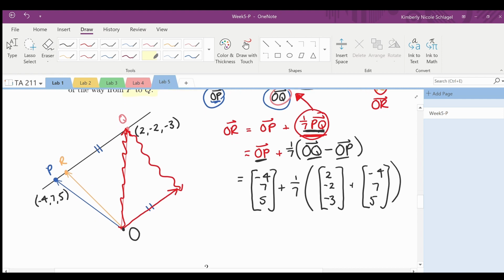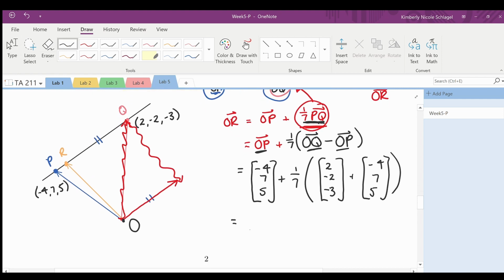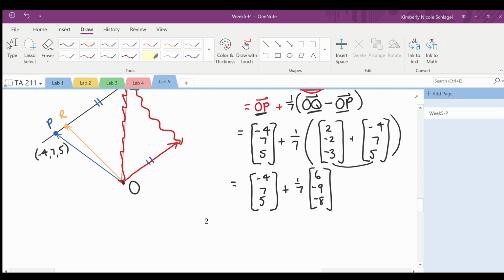Okay, so this equals (-4, 7, 5), and we're adding 1/7 times, so we're just going to add these two first. So we get (6, -9, -8).